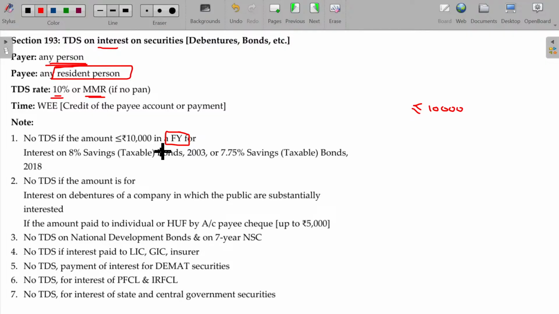That too, when this interest is received from 8% savings taxable bonds or 7.75% savings taxable bonds. That is in the case of bonds. In case of debentures, the amount limit is only less than or equal to 5,000. Beyond that, TDS will automatically be applicable.